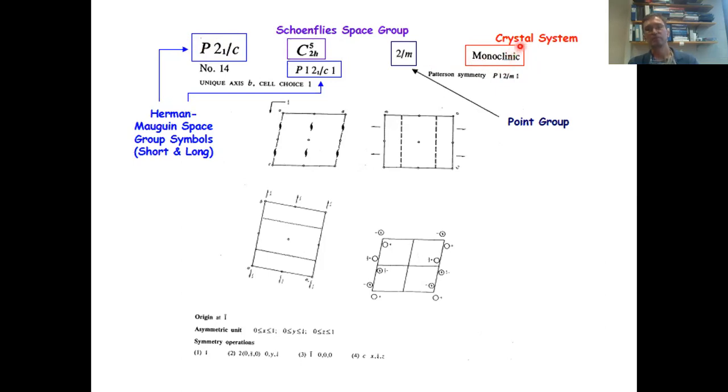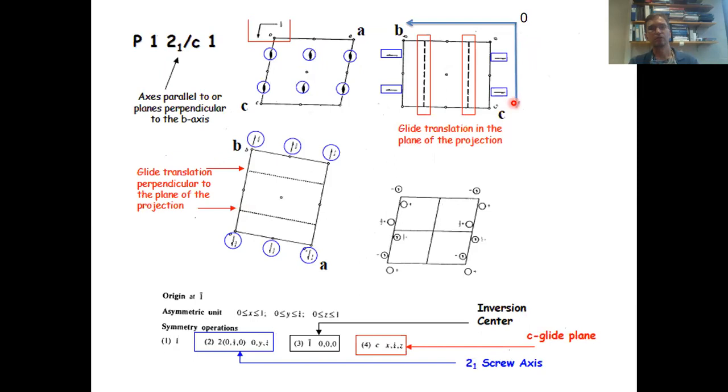More precisely, we actually talk about the crystal system when we talk about a monoclinic unit cell, not the Bravais lattice. The Bravais lattice is associated with a monoclinic crystal system, to be precise. All right, so what else is important?